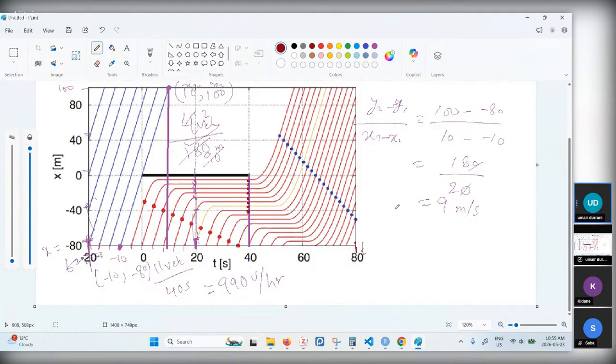If we count these, we get one, two, three, four, five, six, seven, eight. So that would be 8 vehicles per 180 meters. I would say that's the density.